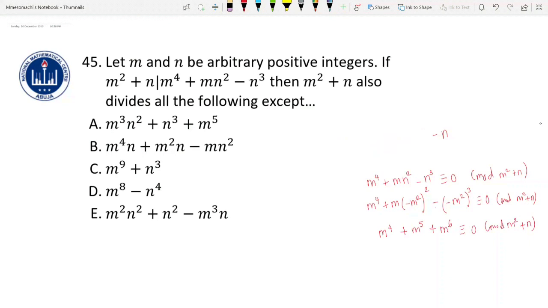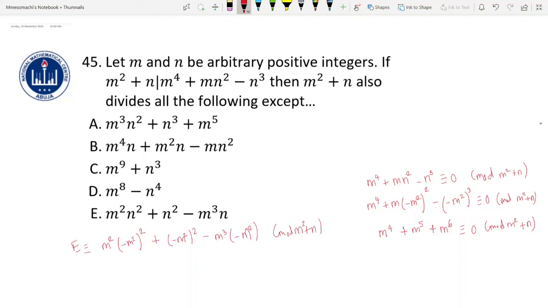Let's start from the last one, option E. So this is equivalent to m squared into negative m squared, plus negative m squared minus m cubed into negative m squared, mod m squared plus n.